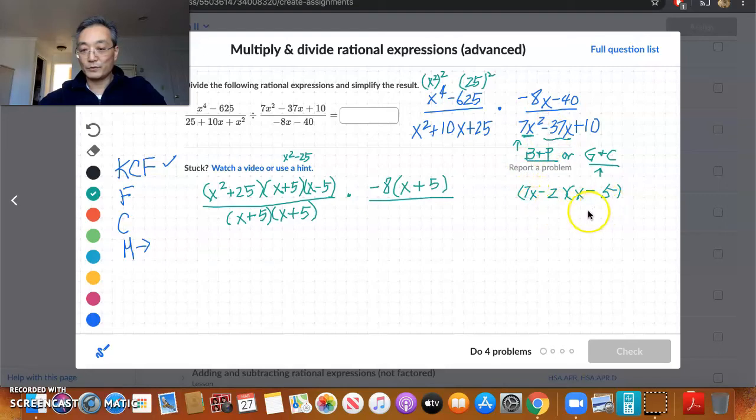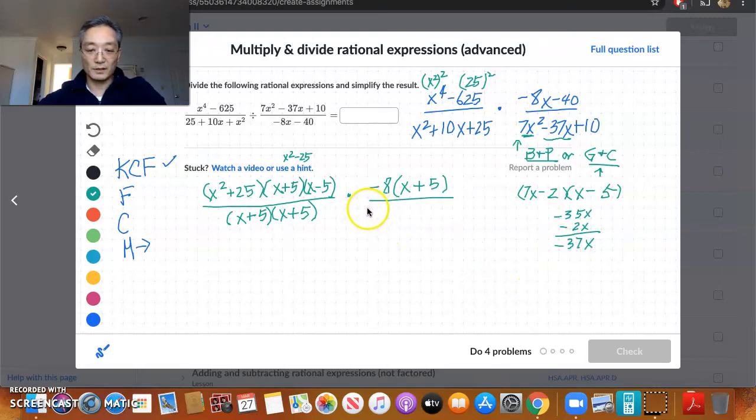If you do FOIL now, you'll get 7x squared for the first term, the positive 10 on the last, and then 7x times negative 5 is negative 35x, and negative 2 times x is negative 2x, so I will end up with that middle term of negative 37x.